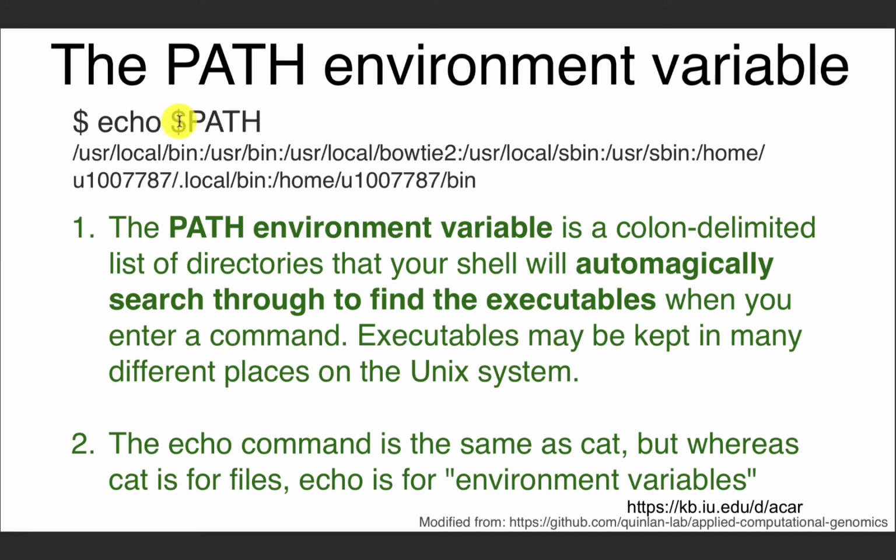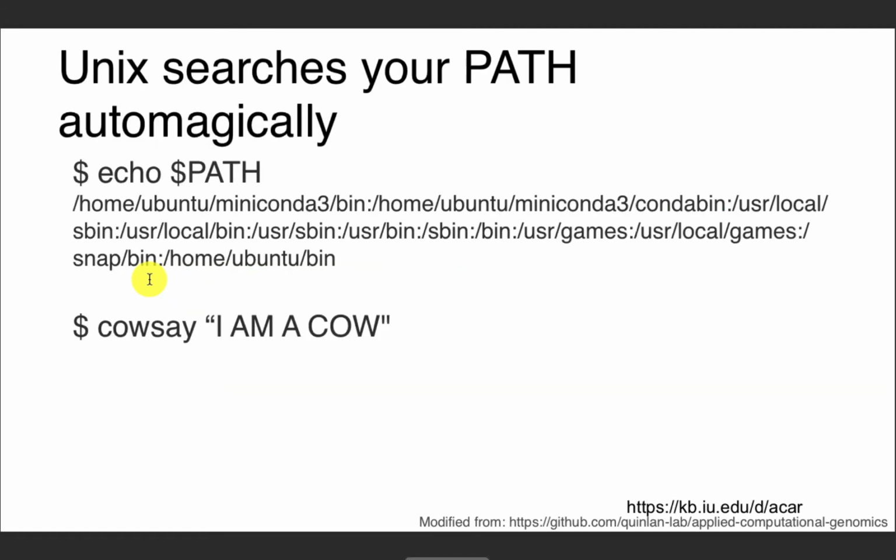If you put a $ sign in front of something, you're saying it's a variable. The contents are this bin folder separated by a colon, then another bin folder, then this bowtie folder, a bunch of stuff. That's the format of the PATH variable, and you can put as many of these in there as you want. Every single one of these directories is somewhere that when you type a command, your server will look for something that matches that command, and whether it's executable.